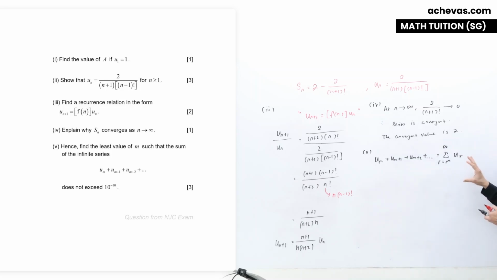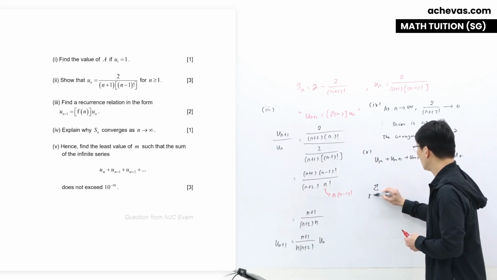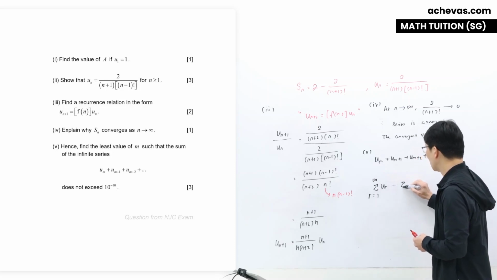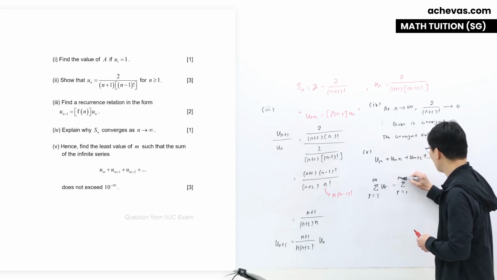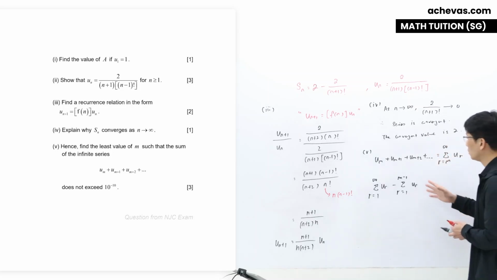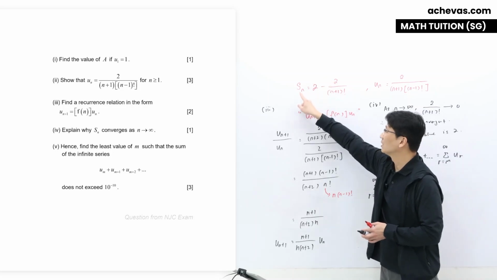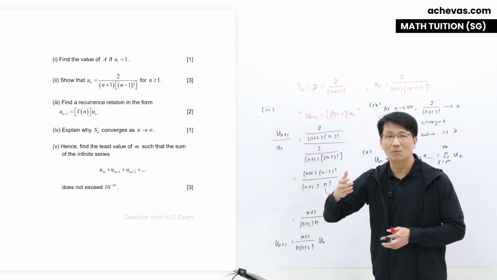From here, we can rewrite this into 2 different terms, which is the same as the sum from r equals 1 to infinity of ur, minus the sum from r equals 1 to m minus 1 of ur. The reason I want to write it in this form is so that I can make use of this result, because this result can only start from 1.